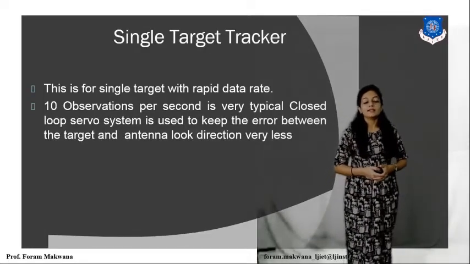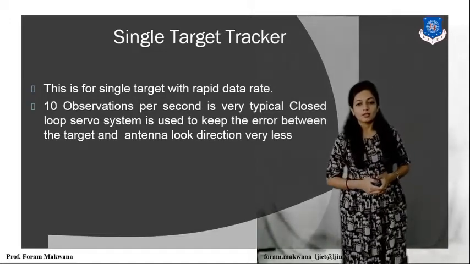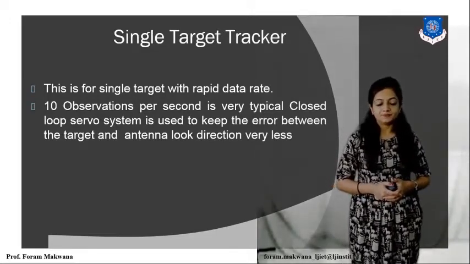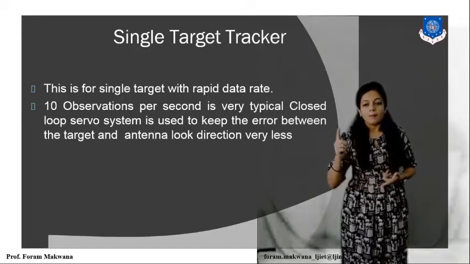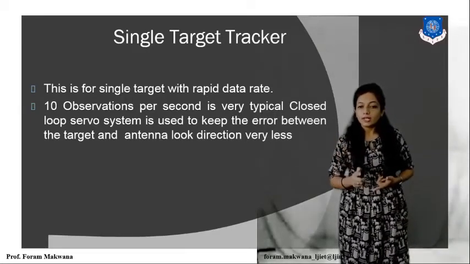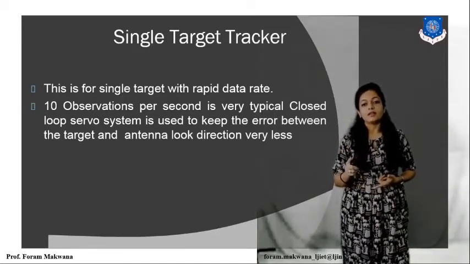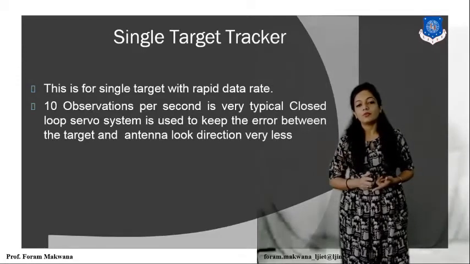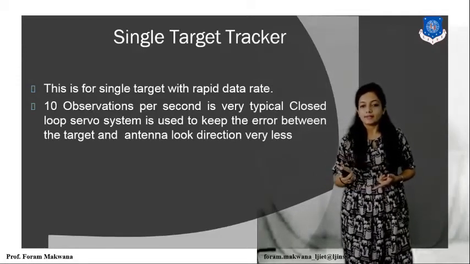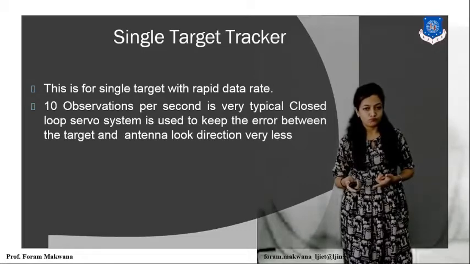Now, the next is single target tracking. What does it mean? That means my radar is only able to track a single target with the help of high data rates. How?